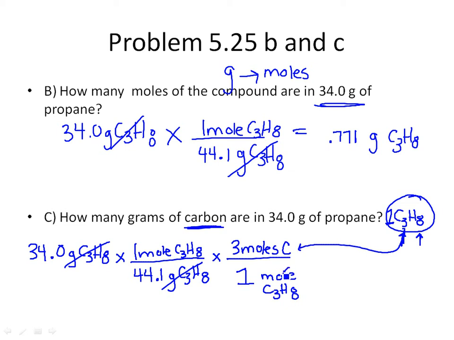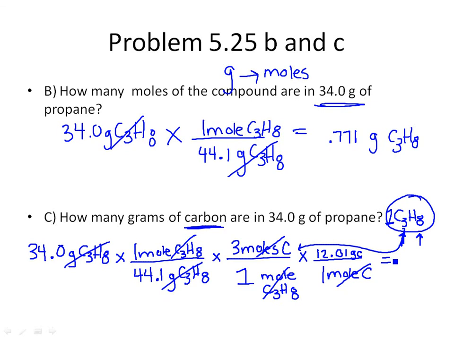So now we have changed our units from propane to just carbon by using our formula. Now we just convert from moles to grams. In 1 mole of carbon, if we look on the periodic table, the atomic mass of carbon is 12.01 grams. So now our moles will cancel.